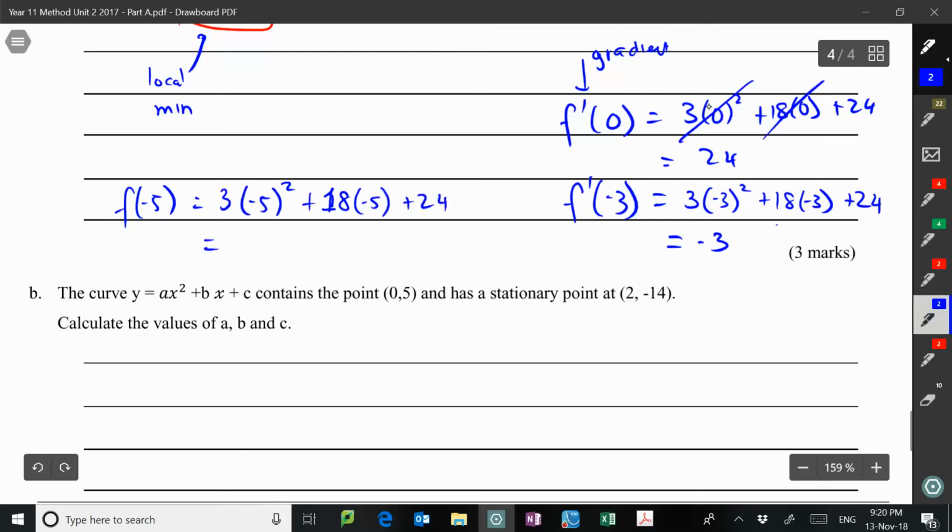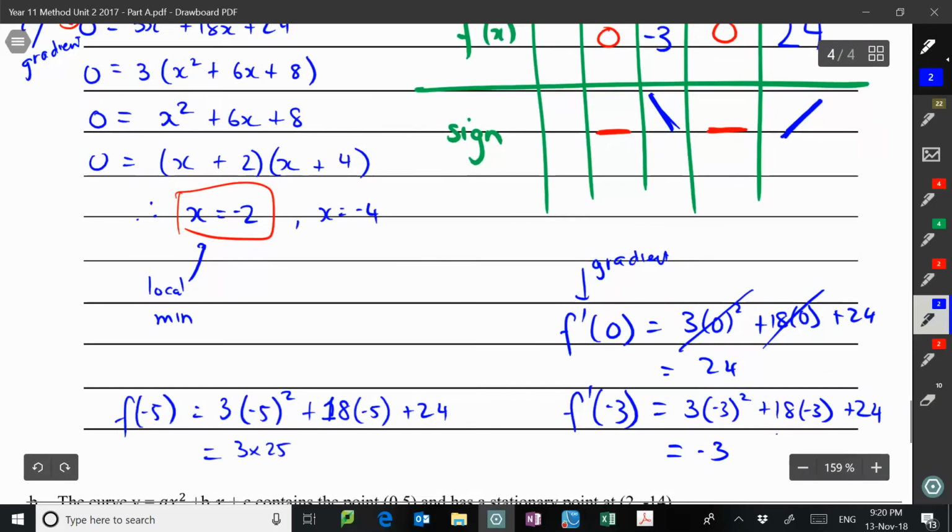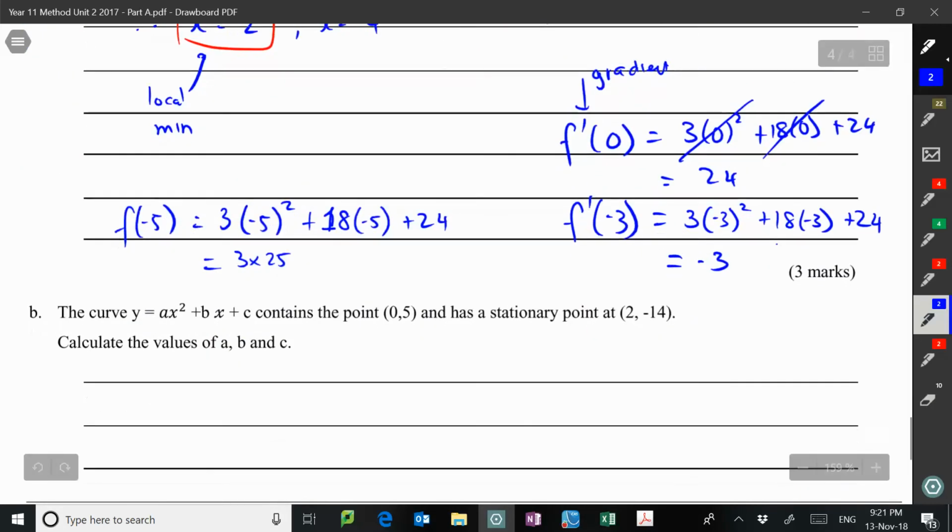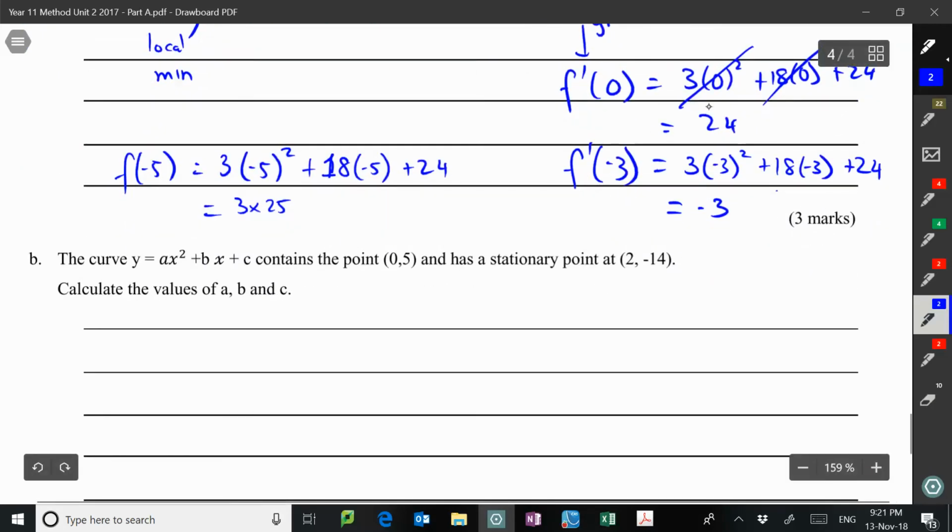Whoever made this question, it's a waste of time, just because it takes too long. They should have made the numbers smaller. Anyways, here we go. 3 times 25 plus 18 times 5. What's that? 90. So negative 90 plus 24. 3 times 25 is 75 minus 90 plus 24.